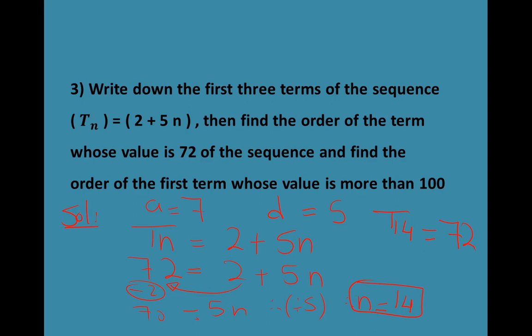Also, it is required to find the order of the first term whose value is more than 100. Before I answer the next part of this question, I can solve the part of the term 72 by using another method.